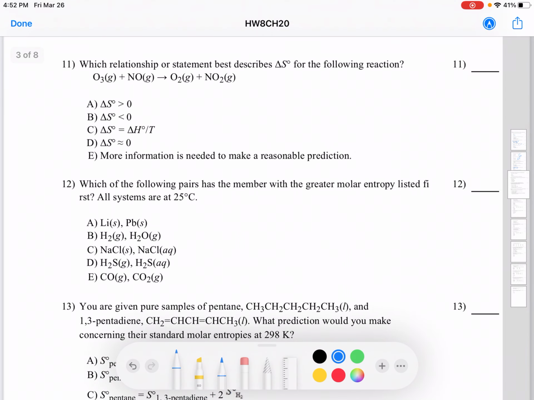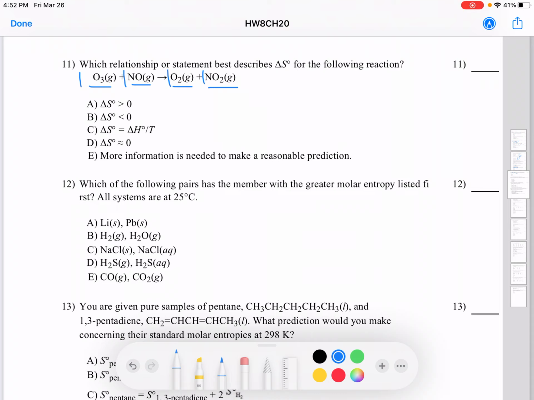Number 11. Which relationship best describes delta S naught for the following reaction? Ozone gas, nitrogen monoxide gas, oxygen gas, nitrogen dioxide gas. This is balanced, so 1, 1, 1, 1. So 2 moles of gases giving you 2 moles of another 2 gases.